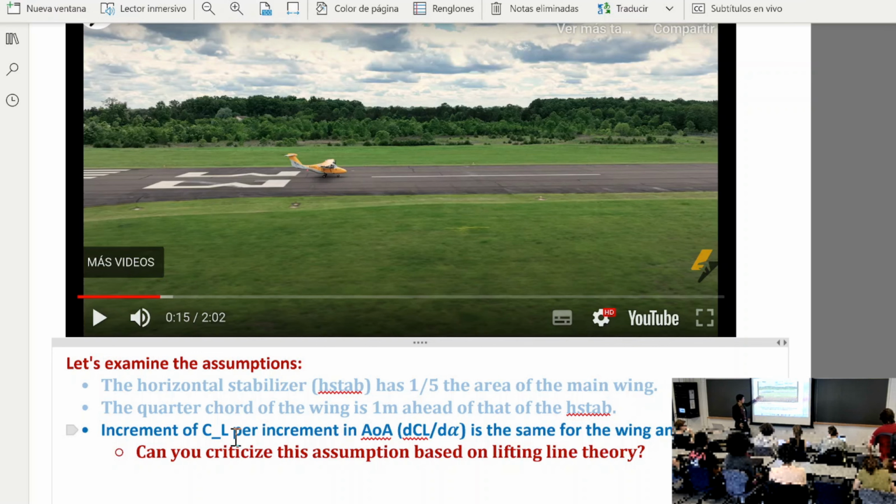As a result, as the angle of attack increases, the vortices induce a stronger downward velocity on the horizontal stabilizer, making the increment of CL of the horizontal stabilizer much less than the increment of CL for the main wing itself.